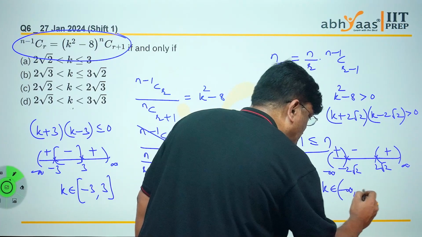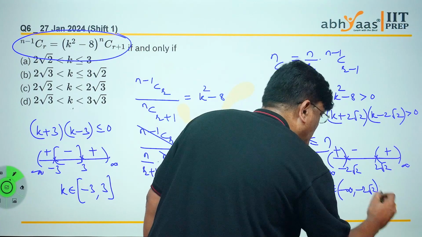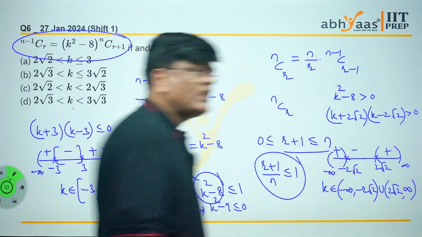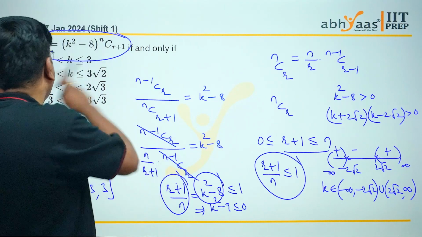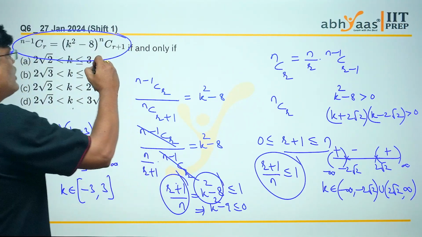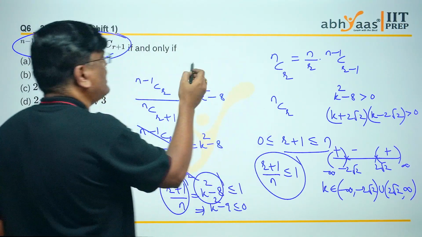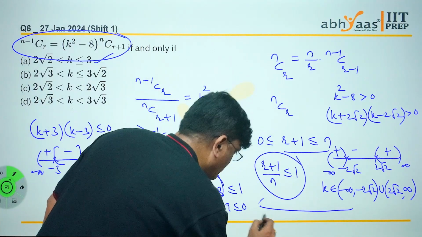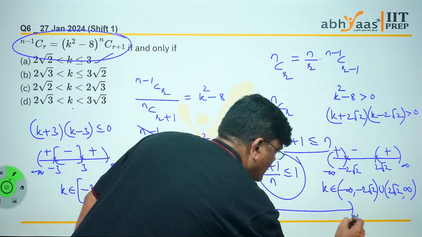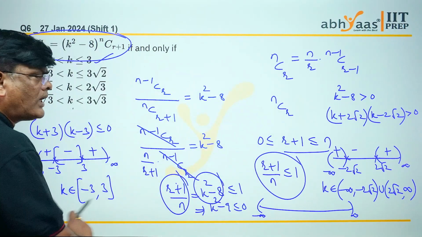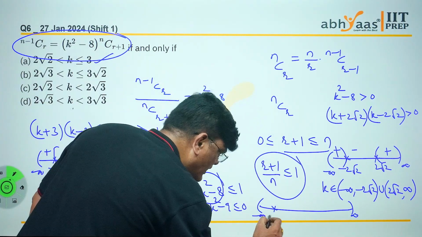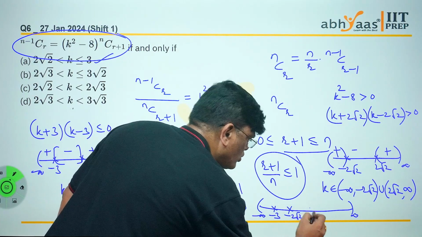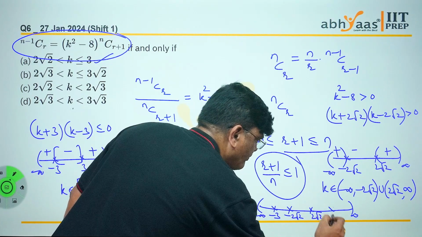Now for these two intervals we have to consider the common region. Friends, you can take one more number line here for combining these two. I will write a number line from minus infinity to plus infinity and plot minus 3, minus 2 root 2, 2 root 2, and 3.